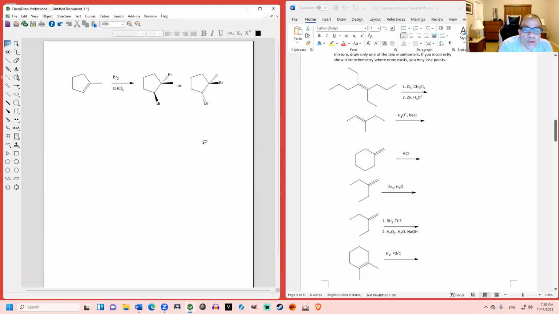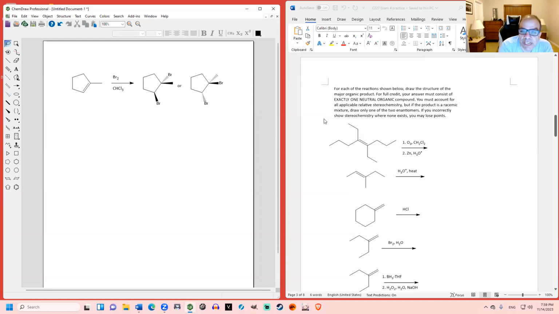You could draw it either way. They're enantiomers. That's why it says in the instructions, if the product is a racemic mixture, draw only one of the two enantiomers. That's generally the way I like these answered. So you wouldn't draw this or this. You would pick one of those structures and draw just it. But part of knowing the reaction is knowing the stereochemistry involved.